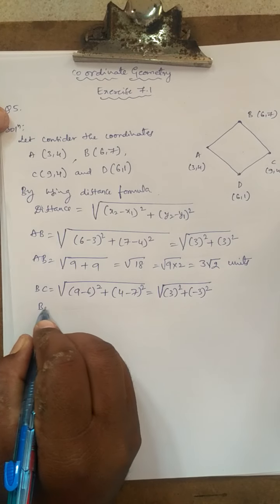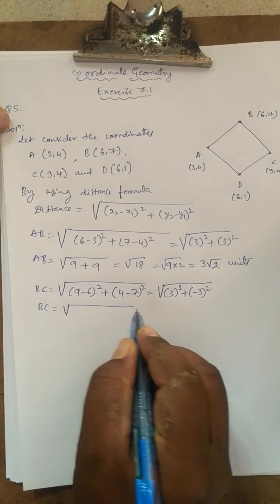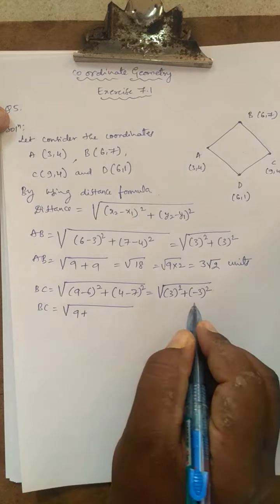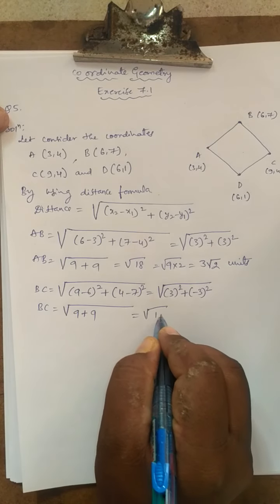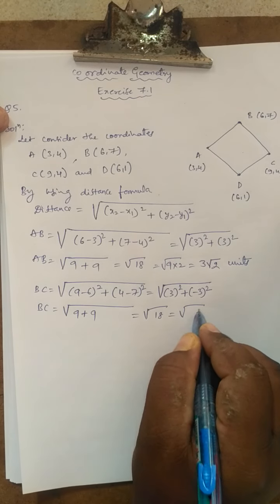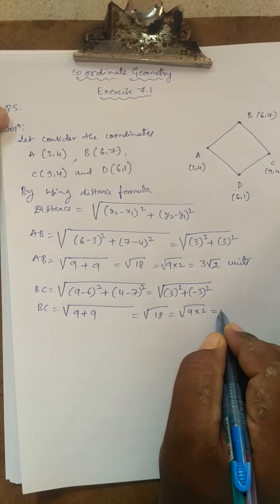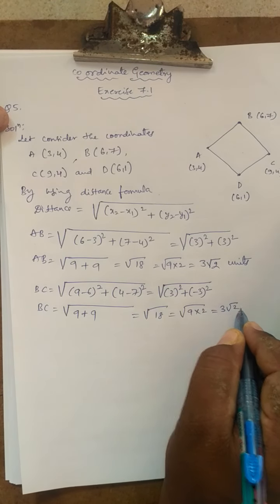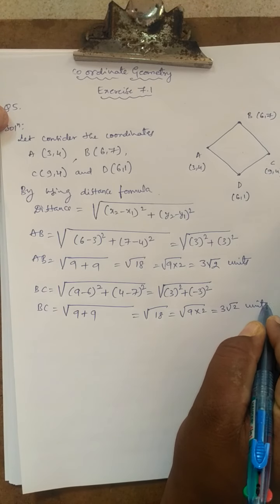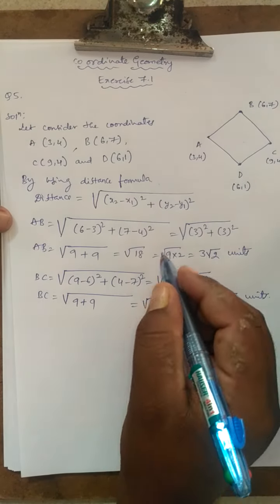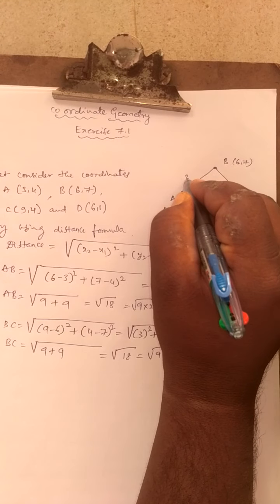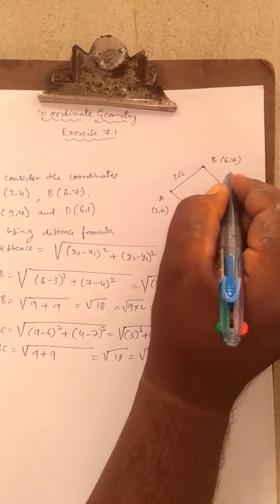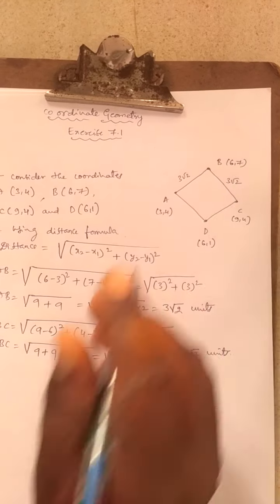So BC is equal to the square root of 3 square is 9 plus minus 3 square, which is also positive, 9. This is root 18, which we write in the simplest form as 9 into 2, that is 3 root 2 units. So here we got the distance from A to B is 3 root 2, and B to C is 3 root 2.